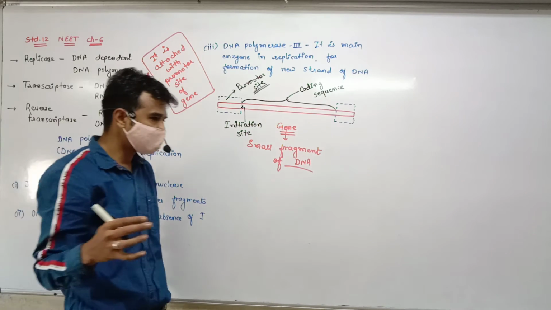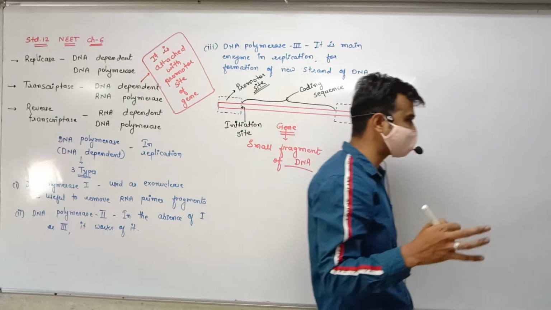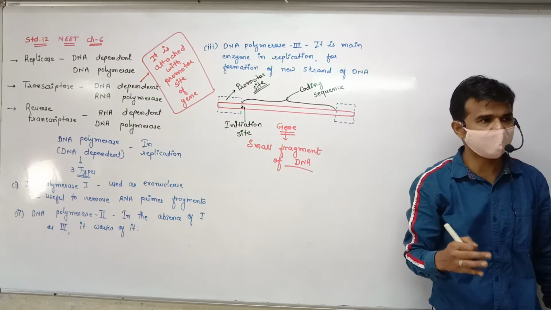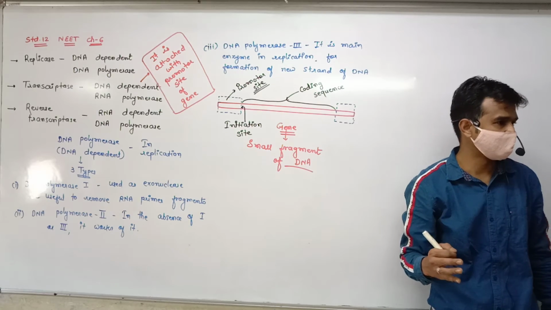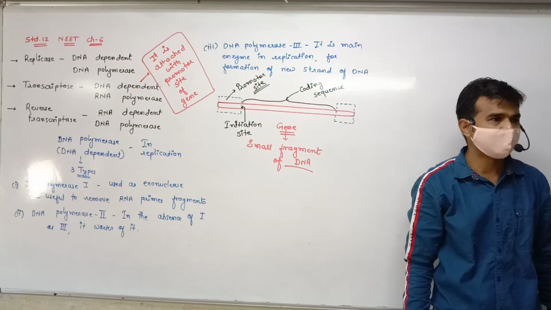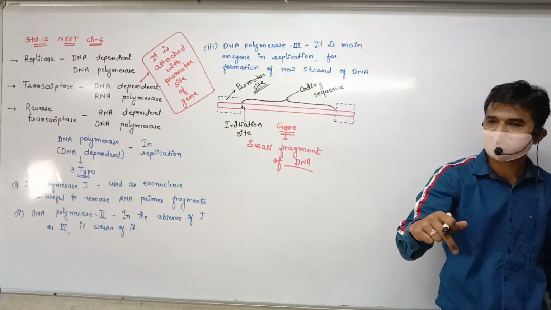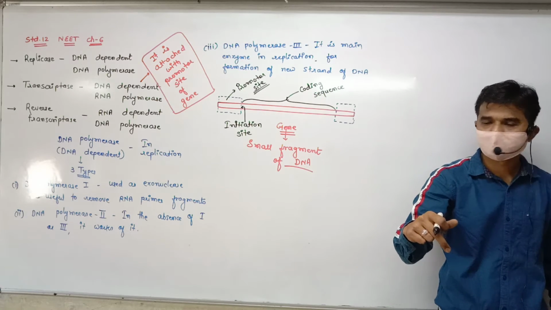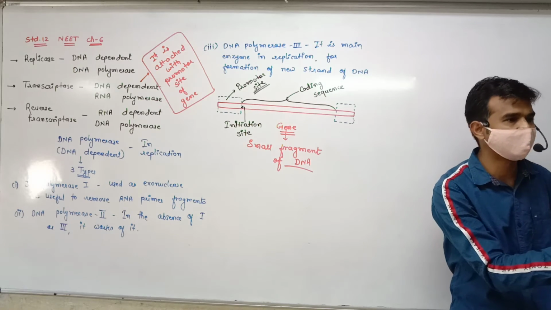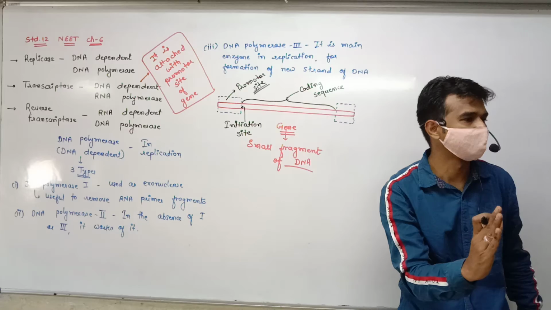Initially, you know that in the transcription process 3 steps, 3 phases are there: initiation, elongation and termination. Initiation consists of 2 regions. At the promoter site, RNA polymerase is attached to it, and then from the initiation site, RNA synthesis starts.